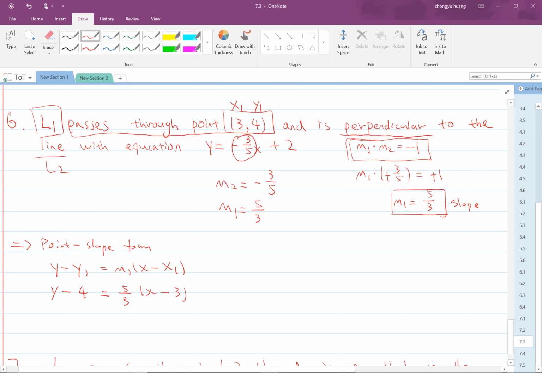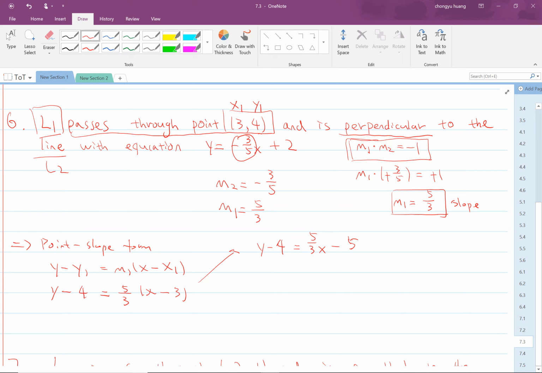Now we have to simplify a little bit. y minus 4 is equal to 5/3x minus 5. You can do the multiplication in the bracket first. You don't have to show all the steps, because you will still end up with this solution.